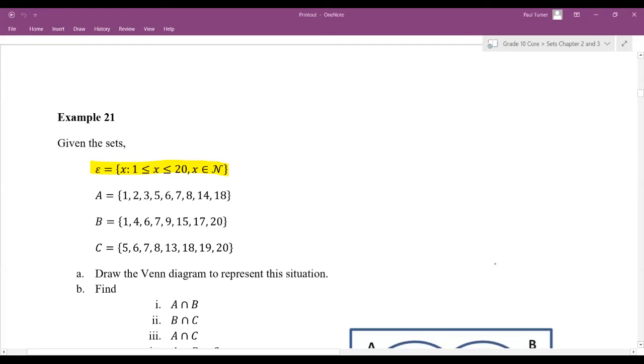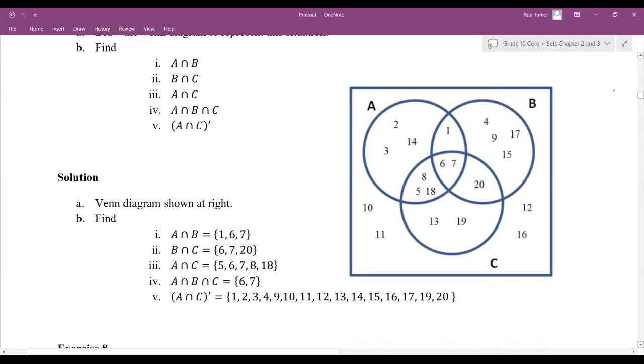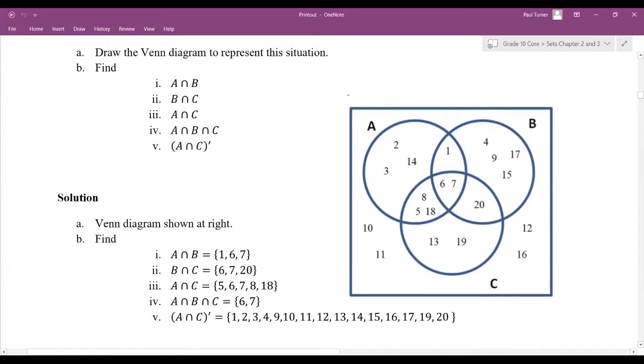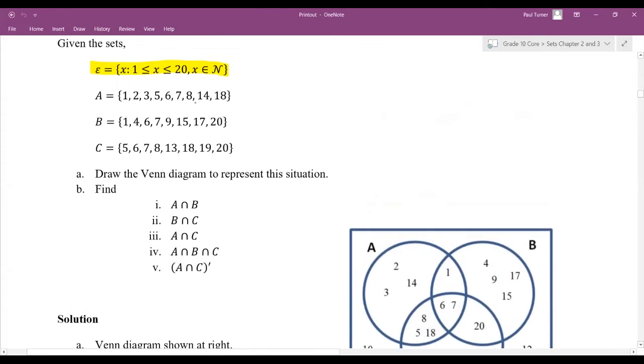All right, so this is your example 21. I think we talked a little bit about it, but we could probably just review a little bit. Okay, so we had three sets, A, B, and C here. And the universe was all numbers 1 to 20, so 1 to 19, 20, the integers.